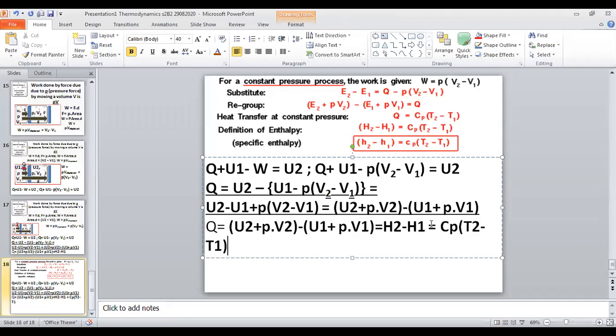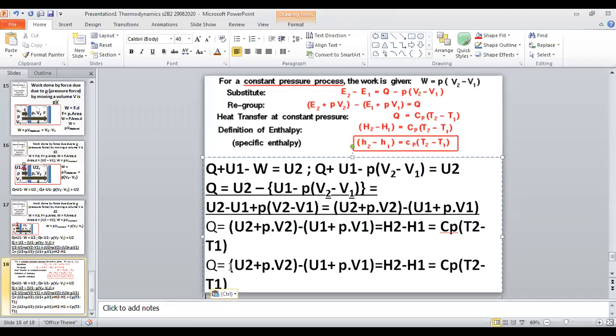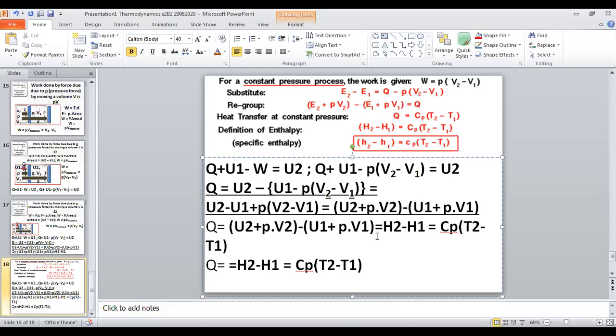So another definition comes here. Q is H2 minus H1 equals Cp times T2 minus T1. This situation is for the same P, same pressure.